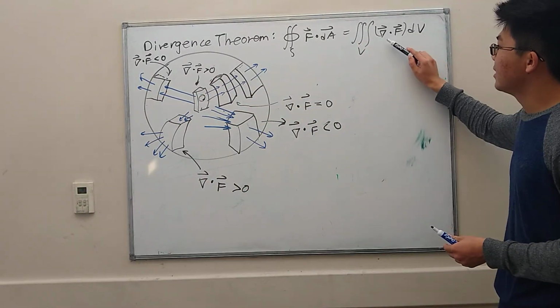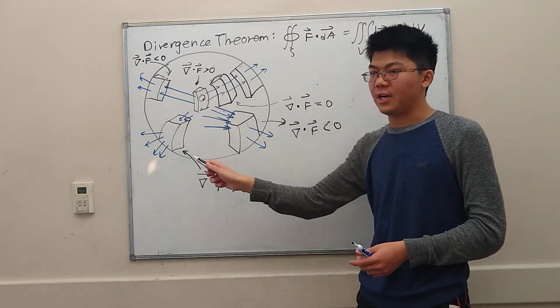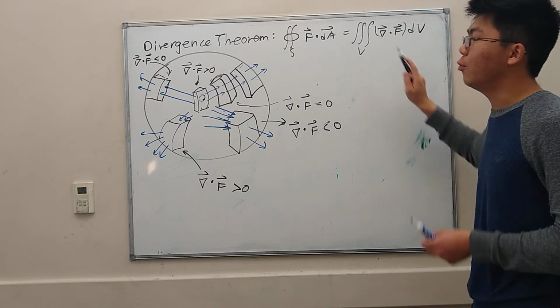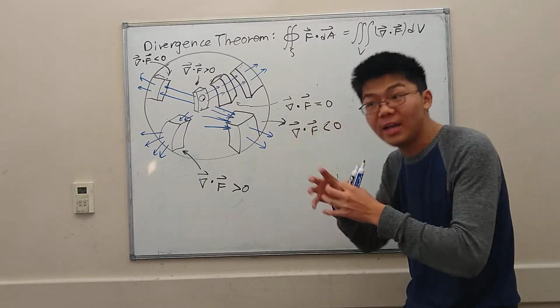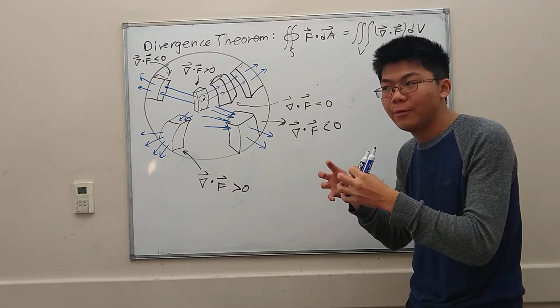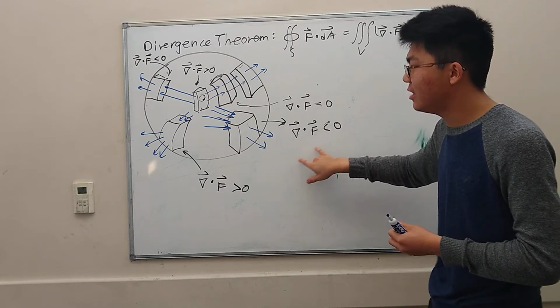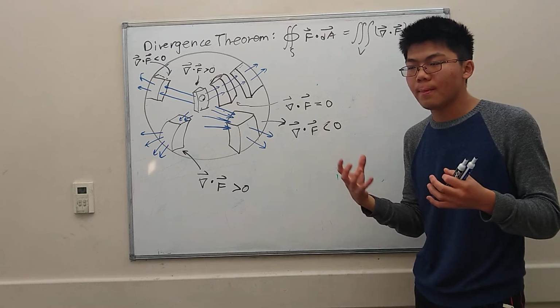In this case, we have different divergence values all over the sphere, but we're doing a triple integral. So what this means is we're going to add up all these little infinitesimal boxes in the sphere. And so we're going to add up the positive ones and the negative ones and the ones that are 0.